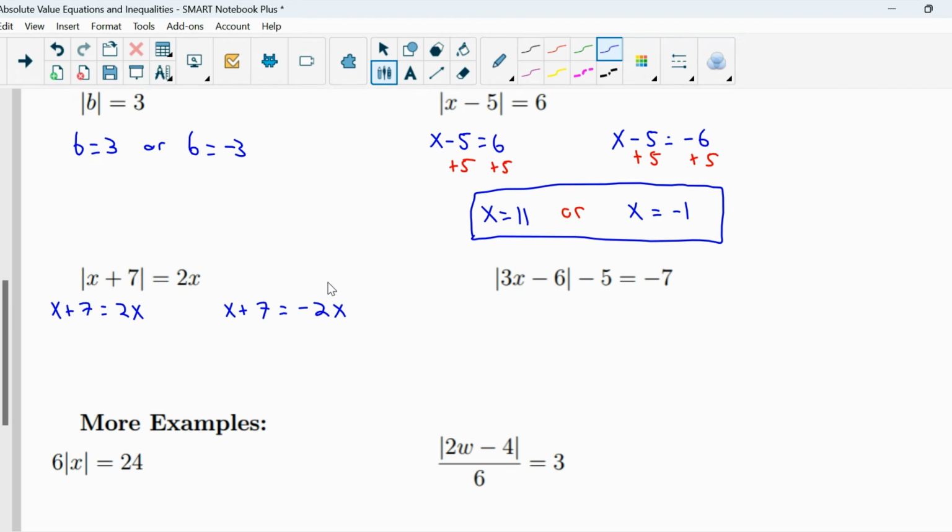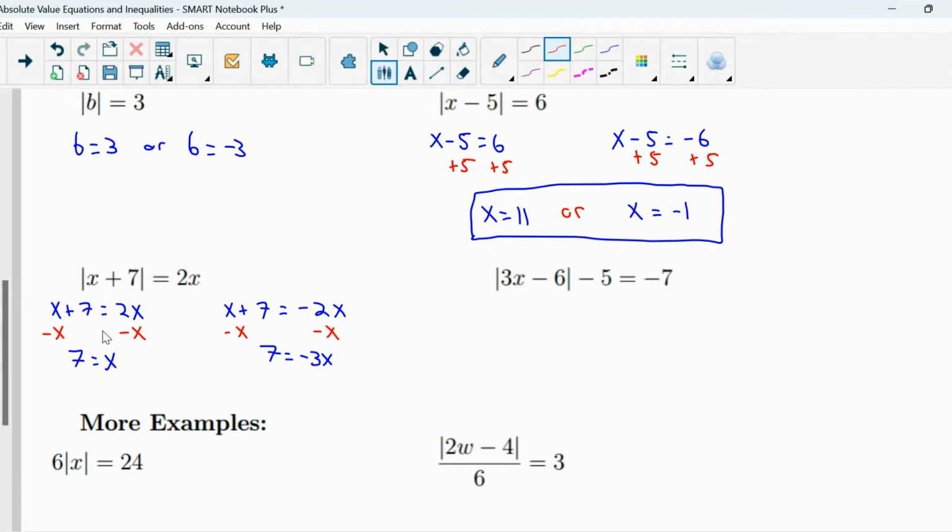In both of these cases, we need to get both of our x's onto the same side. Since we have our 7, our constant, on the left side of our equation, we might as well subtract our single x to get all of our variables on the right side of our equation. So that leaves us with 7 equals x. That's our solution. And on the other side, we have 7 equals negative 3x.